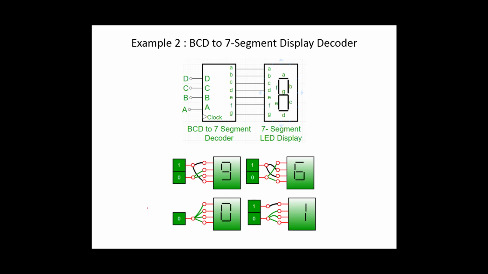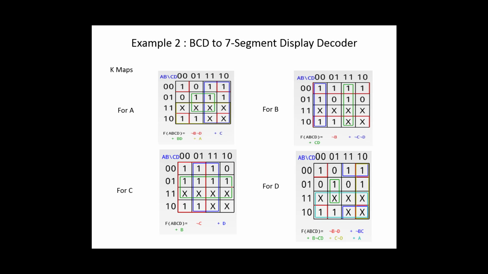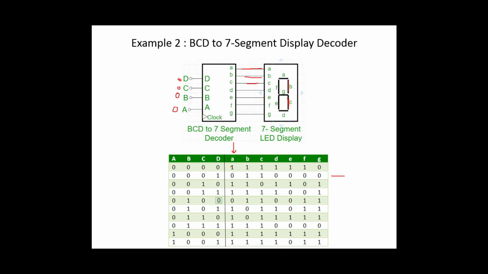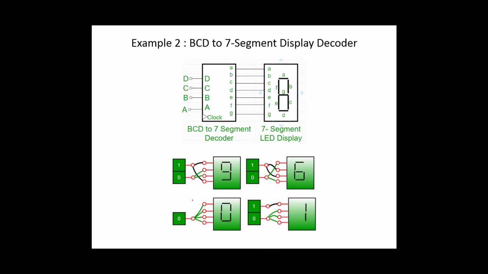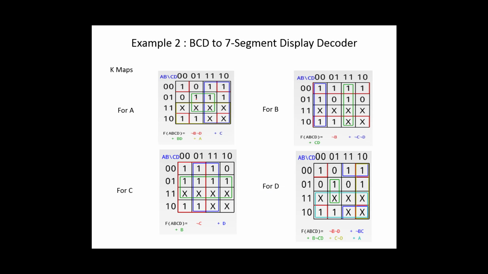So here we have an example of how to switch on the LEDs. For example, if we want to display 9, we will apply 1 to specific LEDs and 0 to some other LEDs. So if we look at the column for LED A, we have 1 in a number of rows, and for each such row we will place a 1 in the corresponding box on the K-map.